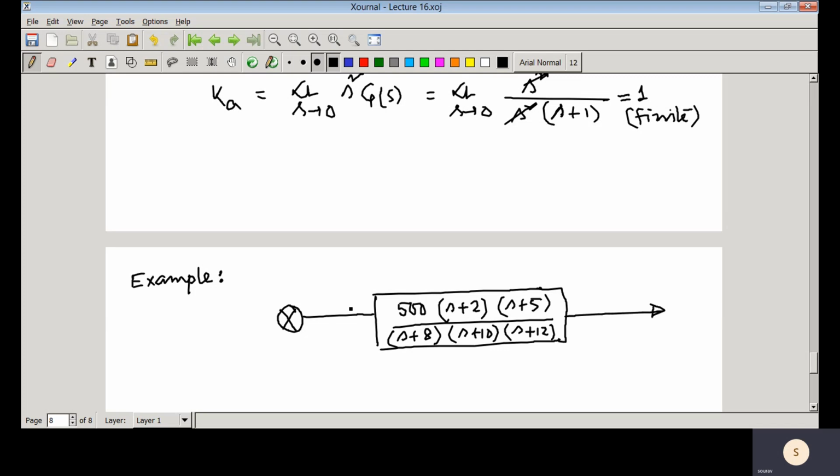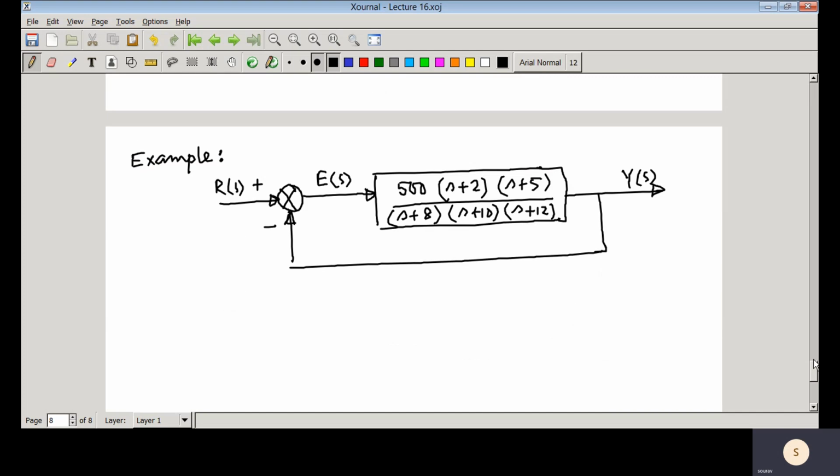Now, if you apply a reference command here, what would be the steady state error in this case? This is the negative feedback, and here you would have the steady state error. You can see that there is no integrator here, so this is a type 0 system.